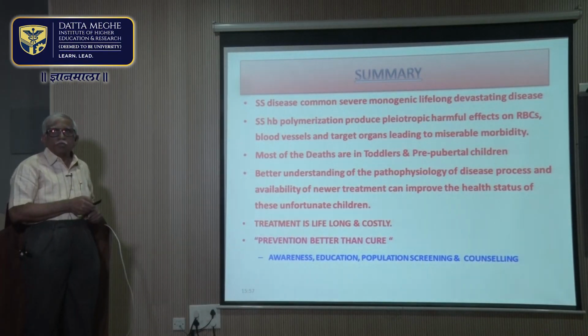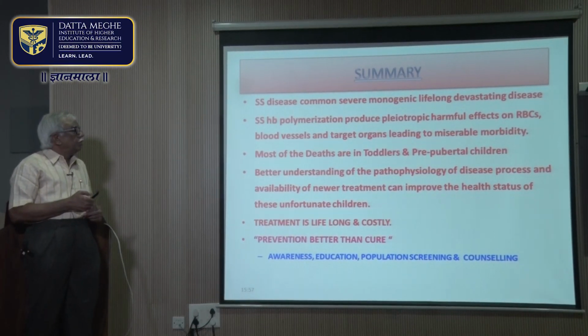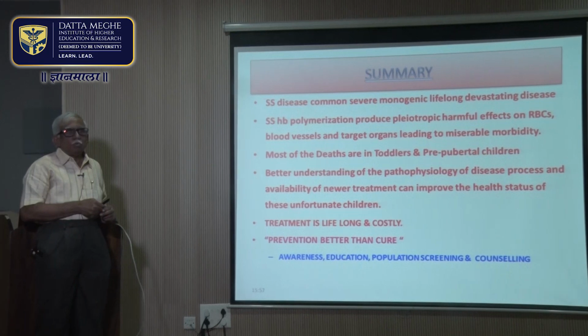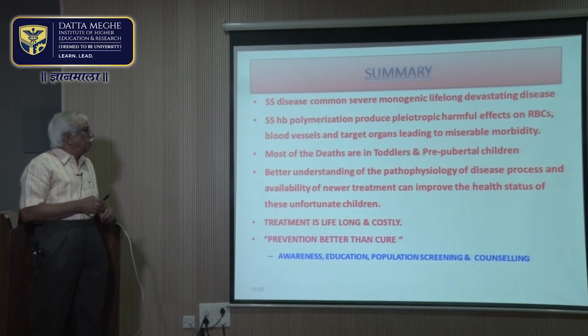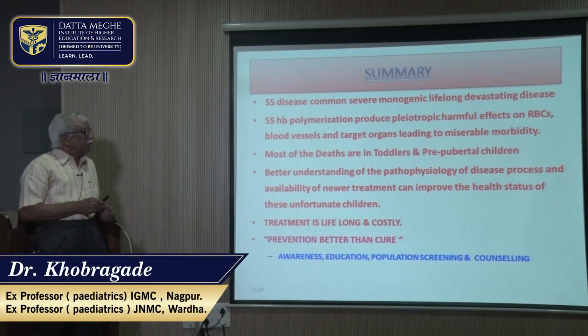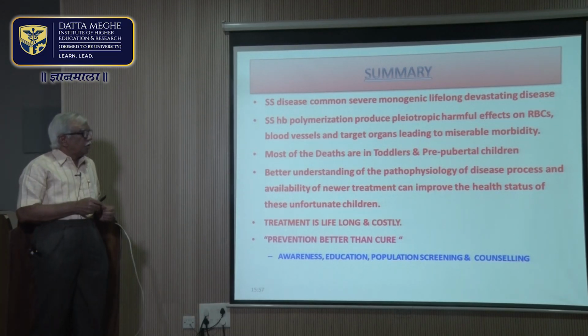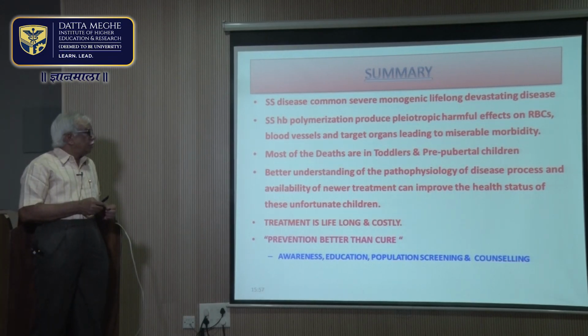Last but not least, sickle cell disease is a common, severe, monogenic, lifelong devastating disease. It is a very common disease. Sickle cell hemoglobin polymerization produces pleiotropic harmful effects on RBCs, blood vessels and target organs, leading to miserable morbidity. Most of the deaths are in toddlers and prepubertal children.